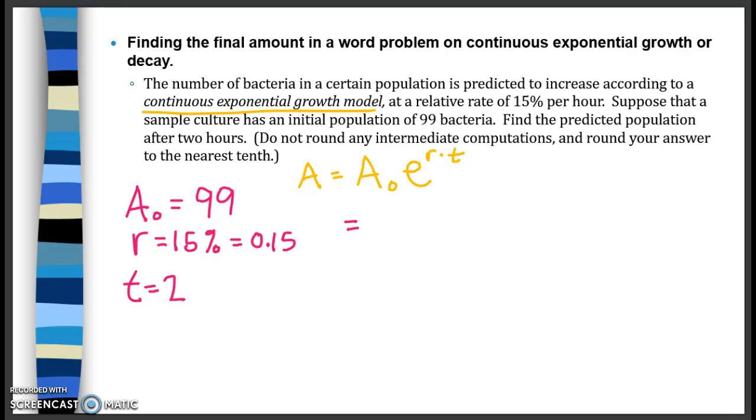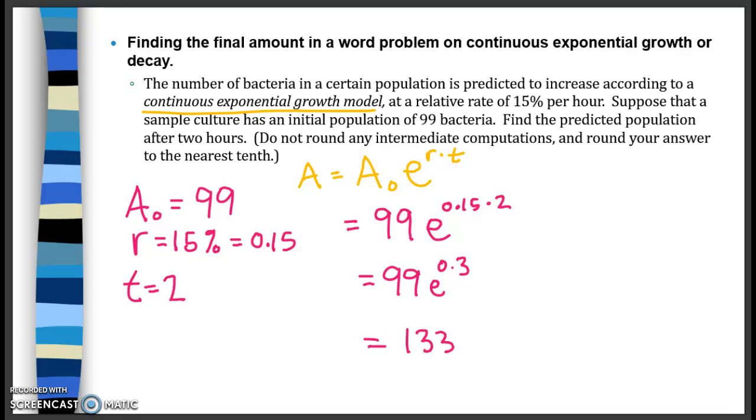So our final amount A is going to be A naught, our initial amount, times E to the R times 2, which is equal to 99 times E to the 0.3. After we do this calculation in our calculators, we will get 136.6.